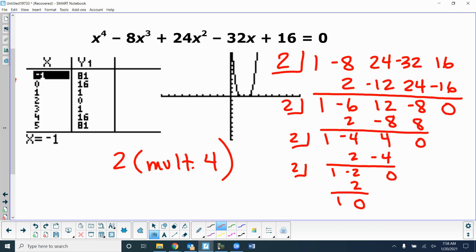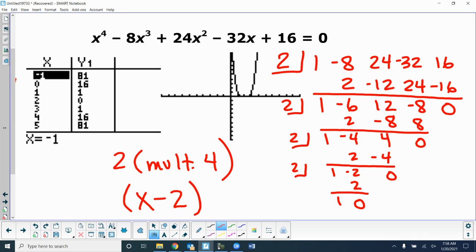Okay? Again, so if I were to factor this, if 2 is the 0, what's the factor? How do I write the factors if I know what the 0 is? What did we do in the past? We've done this. We've gone backwards. The factor always starts out x minus, and then you just use the number.